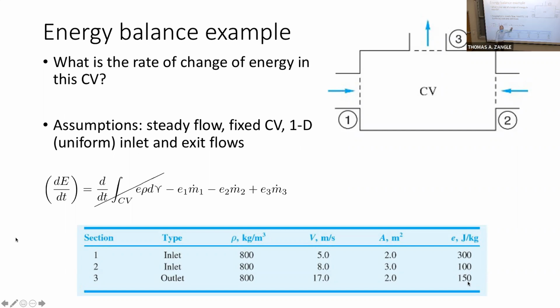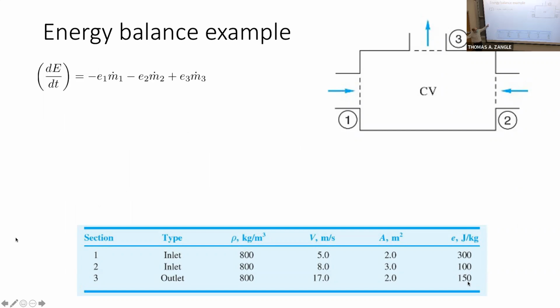Here we've expanded out our inlets and outlets, and we have all of these terms, right? We have E, and we know m dot is rho A V, and we have that for all inlets and outlets. So in this case, we can just plug this into our expression.